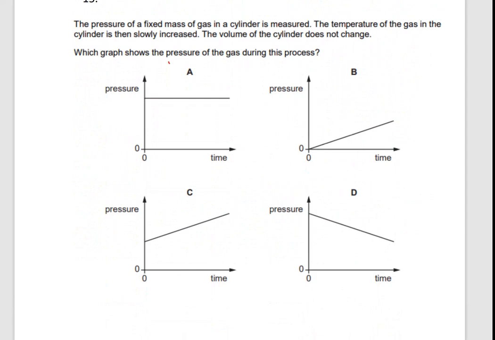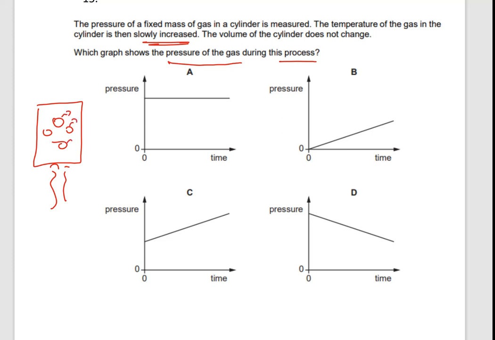Which graph shows the pressure of the gas during the process? The process is that the temperature of the gas in the cylinder is slowly increased. As you know, if this is a vessel and there are air molecules in it, if you add heat to it, these molecules would gain energy. As they gain energy, they start moving faster.